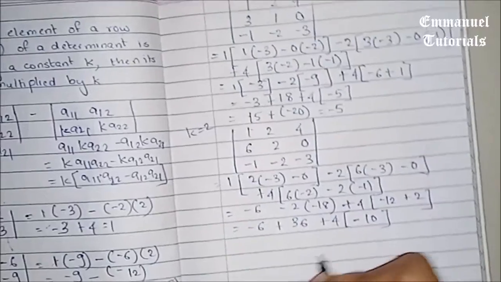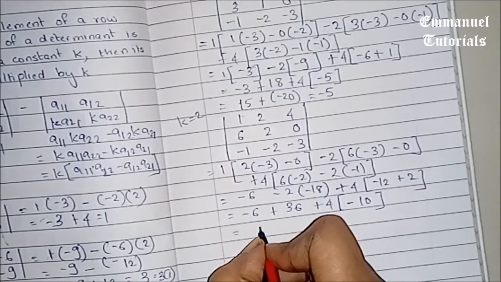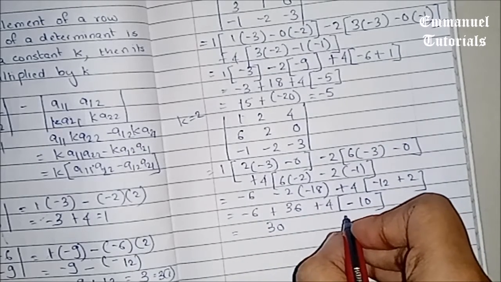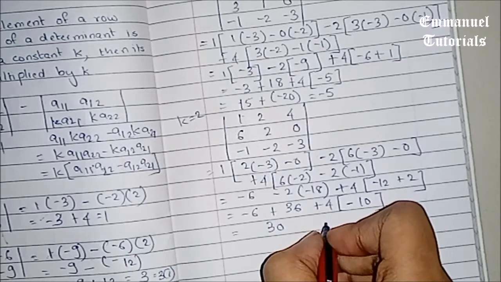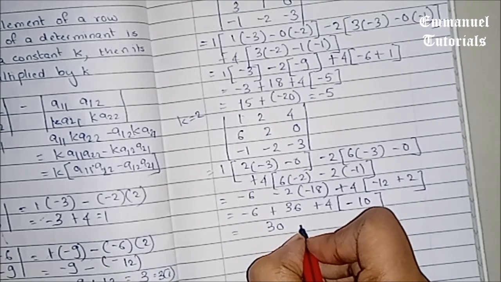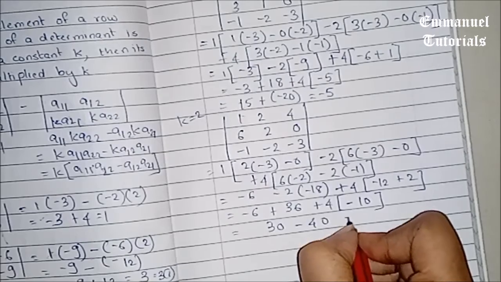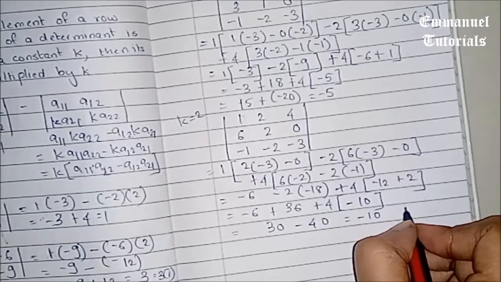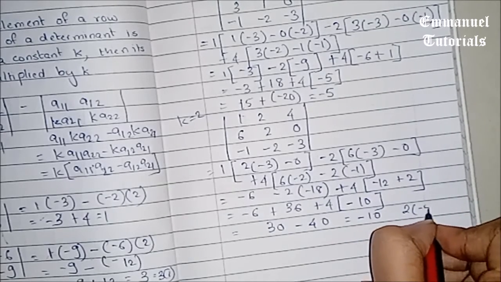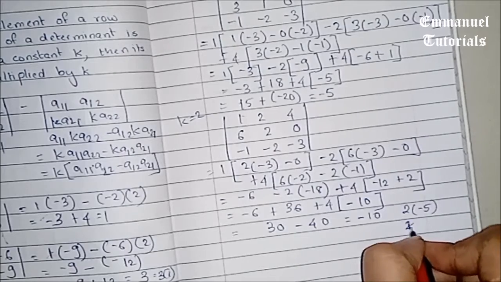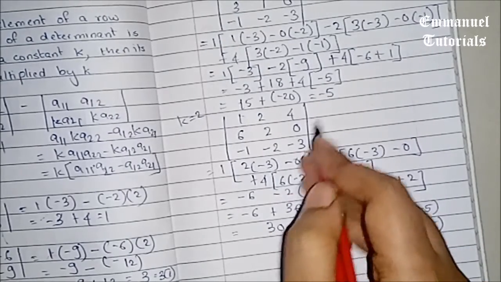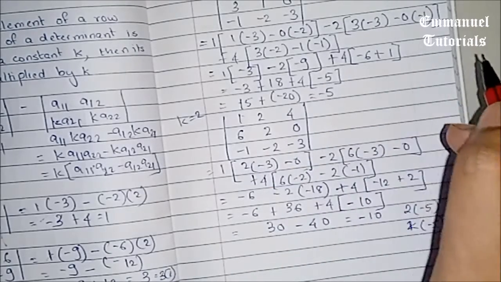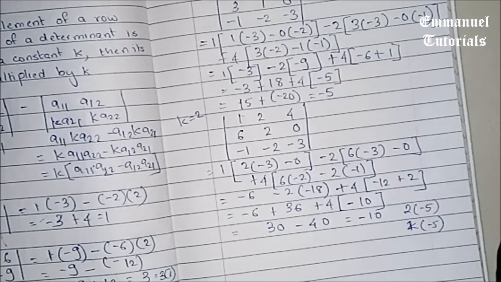Minus 12 plus 2 is minus 10. This is equal to minus 6 plus 36 is 30, plus 4 into minus 10 is minus 40, which is equal to minus 10. So have we proved that it is 2 times minus 5, or k times minus 5? So we have proved that when any row or any column is multiplied by a constant k, the determinant value also gets multiplied by k.